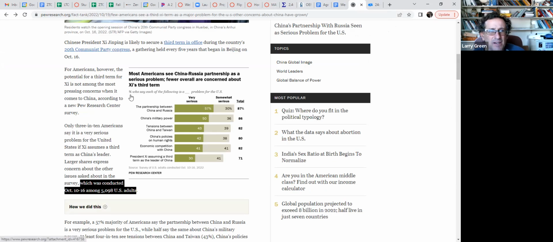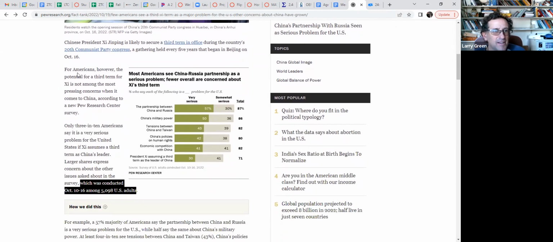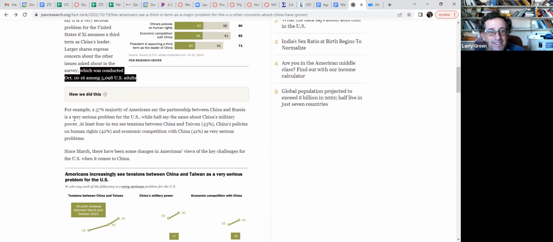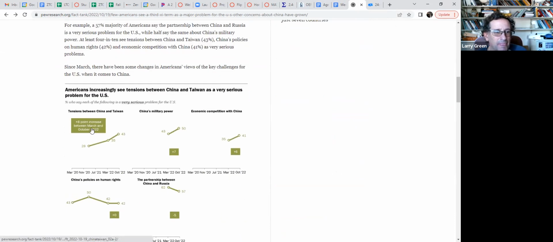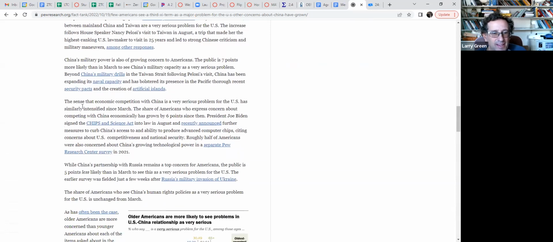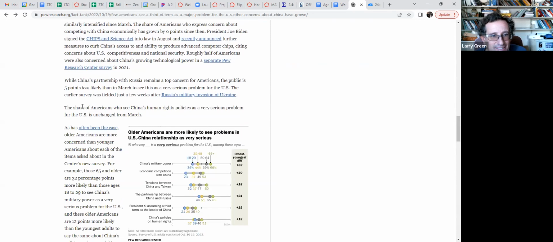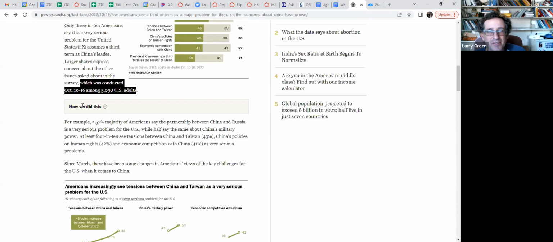Okay, we need to read a little more. I think that was in the article. Let's say somewhere in here. Where's the third term thing? Remember, read the number. Sorry, but I read the whole article, but I don't remember exactly where it was. Well, maybe we'll just do it.